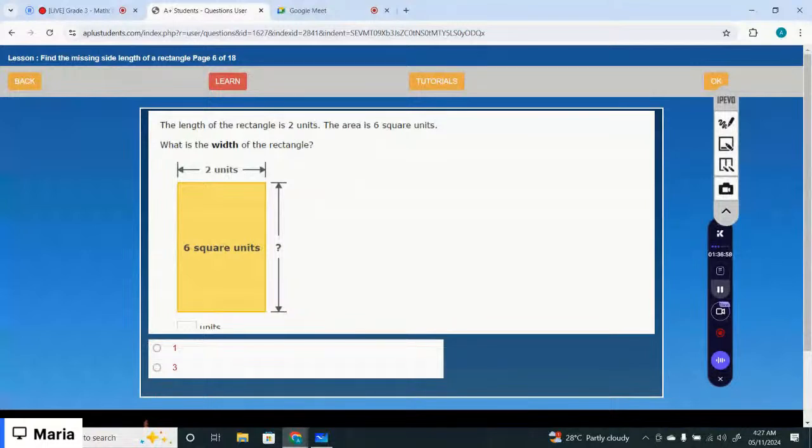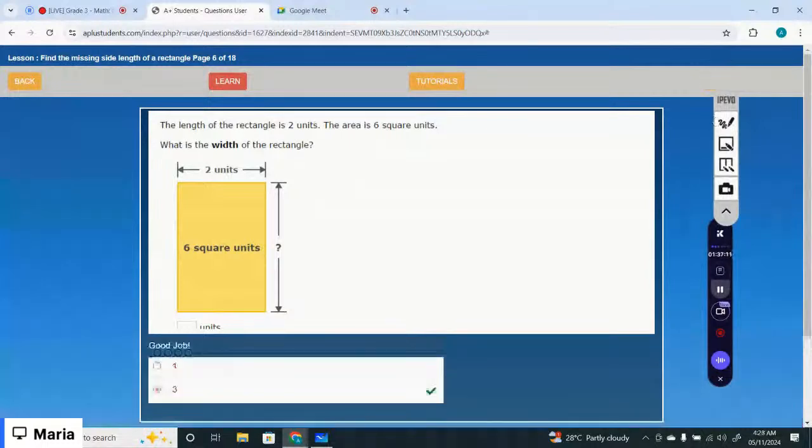That is 2 times 3 is 6. So the correct option is 3. Option number 2 is the correct option.